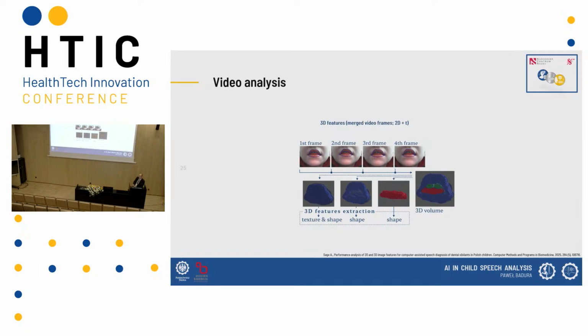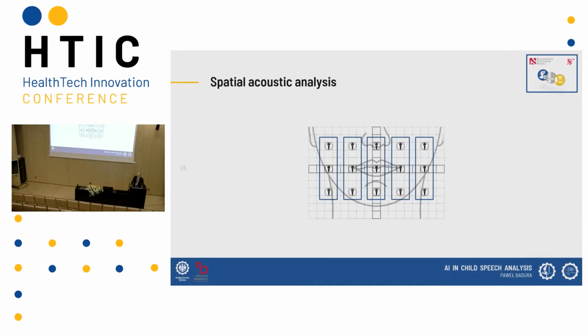And then Dr. Agata Sage, it was her PhD thesis, did a lot of analysis of the features extracted here, crossed with the different articulation features like dentality, dentalization, interdental, and other stuff that were extracted from the database, from the questionnaires. But since this is not the pure AI, and my topic here is AI in child speech analysis, let me finish this part here.